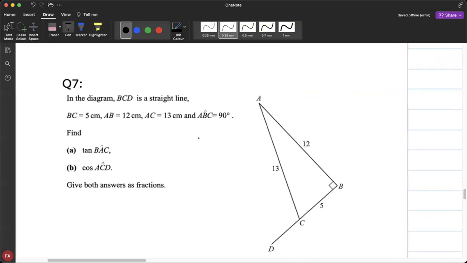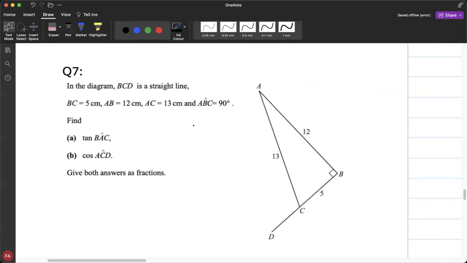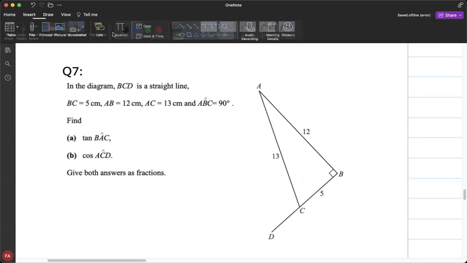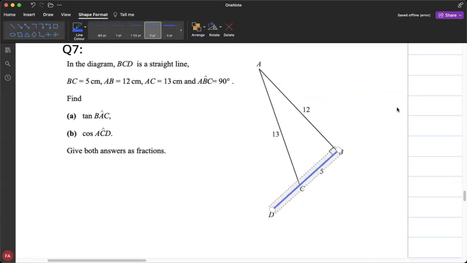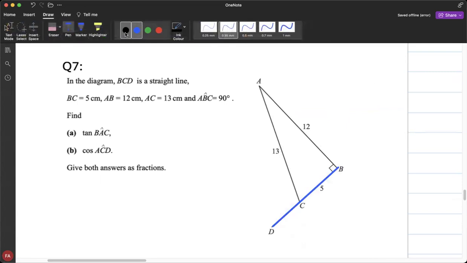Let's try this question. So this is about trigonometry. It says in the diagram, BCD is a straight line. What you need to realize, everyone, is in O levels, especially in A levels, in Cambridge assessment, every certain line has a purpose.